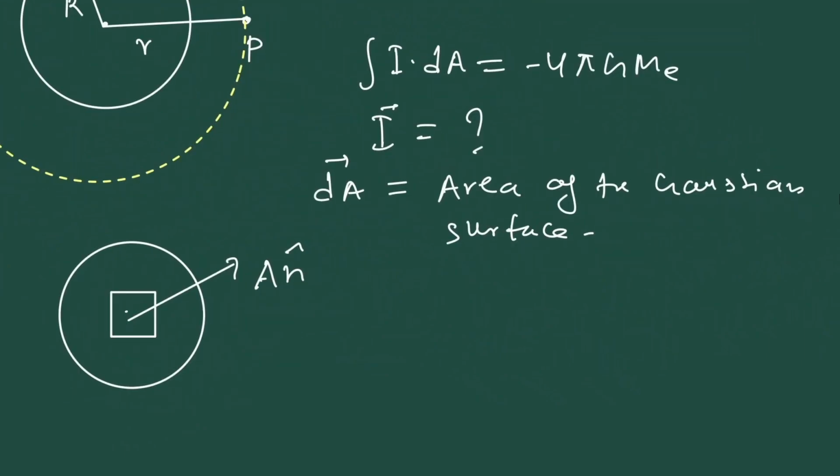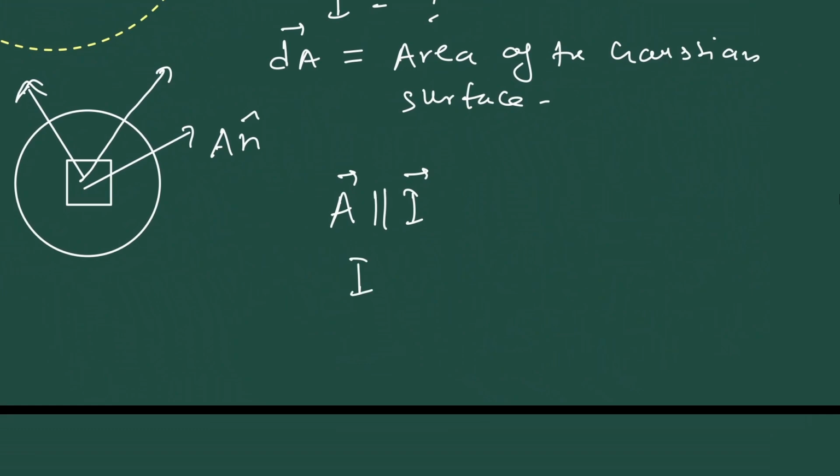And then suppose a lot of flux of gravitational intensity is coming out of the surface, then at any point you can always find a surface such that the area vector is always parallel to the flux. Therefore, I dot dA can be written as simply the product of I and dA.